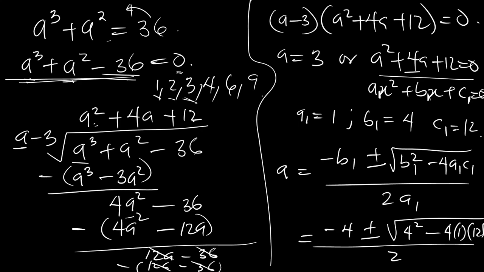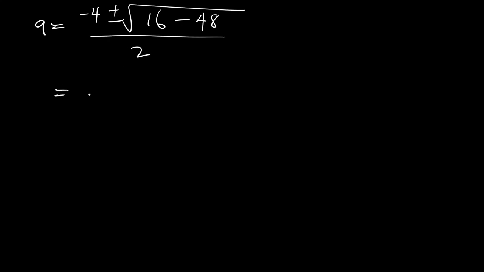So we have a equal to minus 4 plus or minus the square root of 16 minus 48, divided by 2. So our a will now be minus 4 plus or minus the square root of minus 32, over 2.